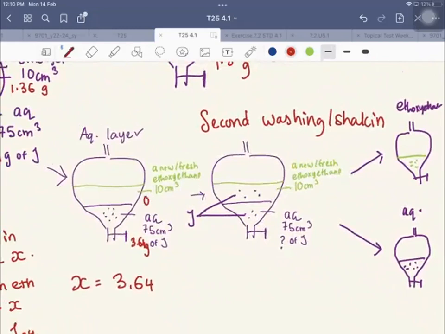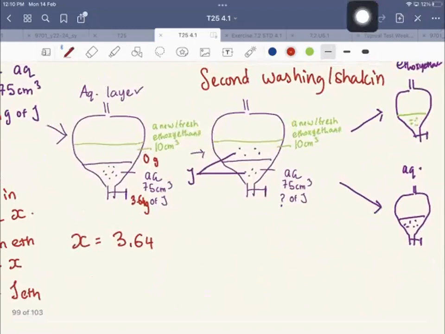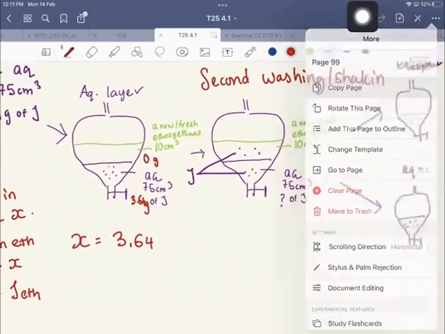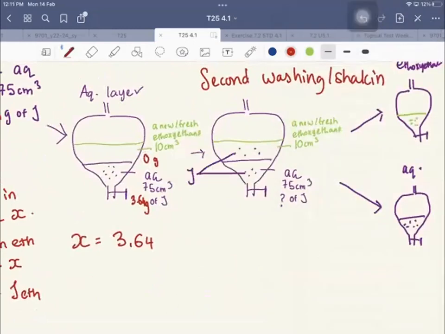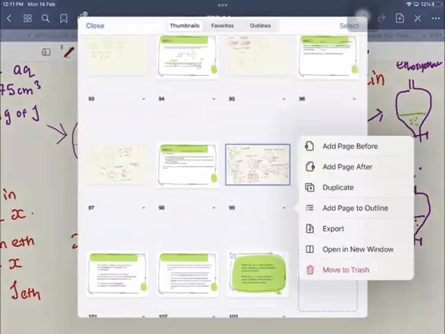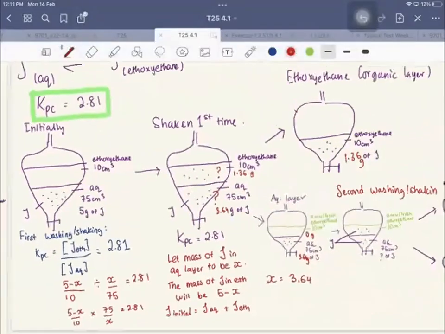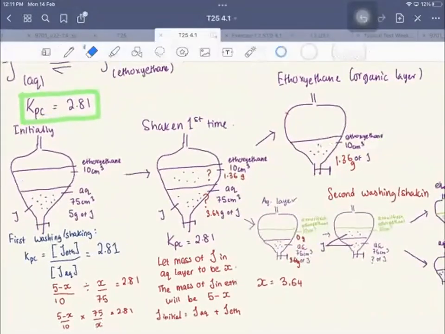Initially, there is 0 grams of J. I will copy this slide, duplicate the page, so I can erase this now. So first washing done.